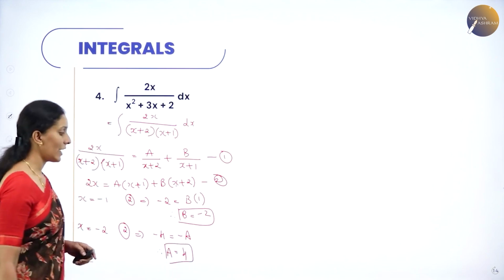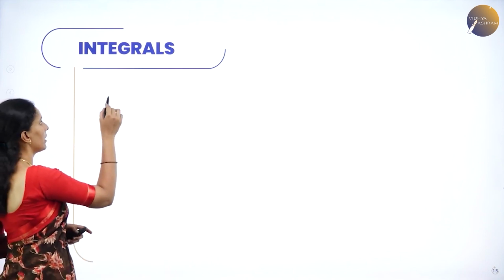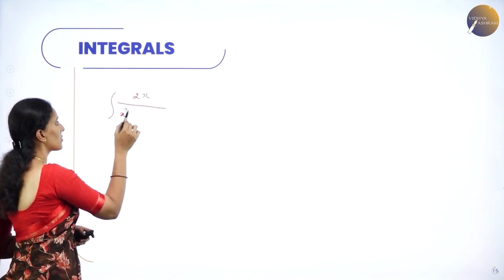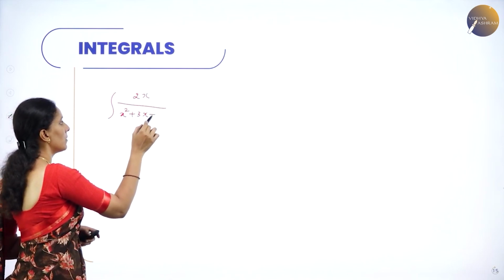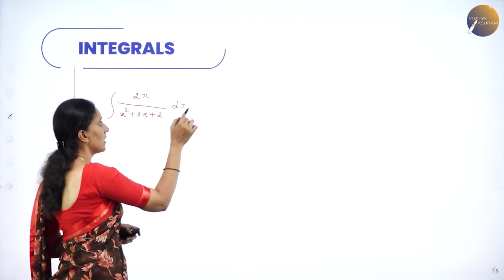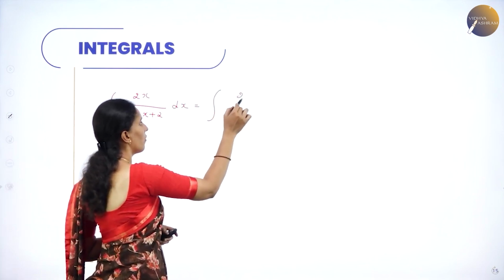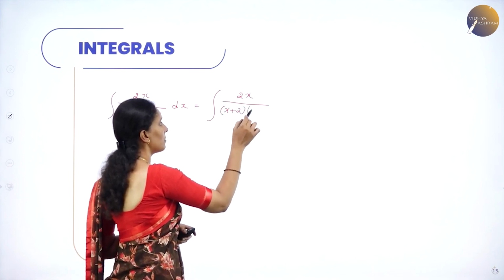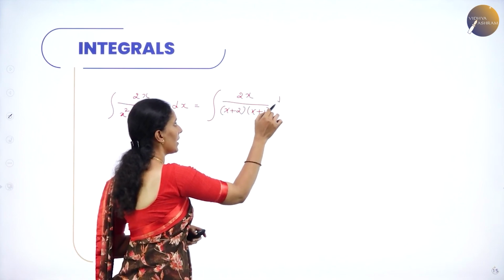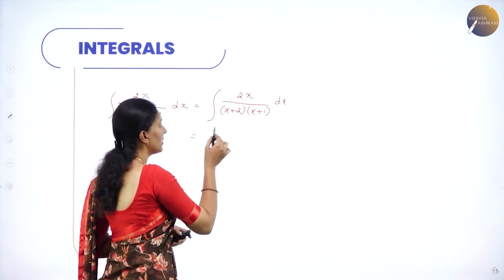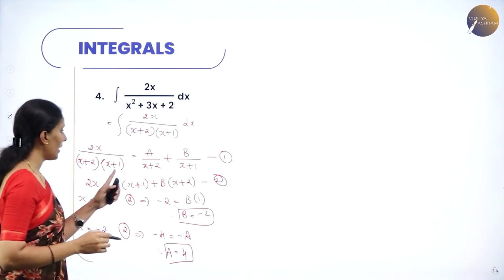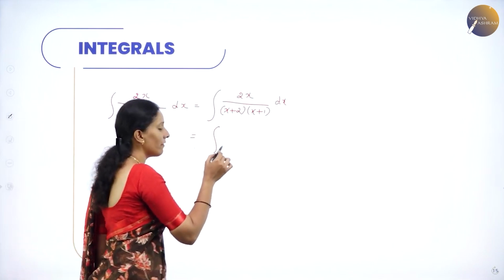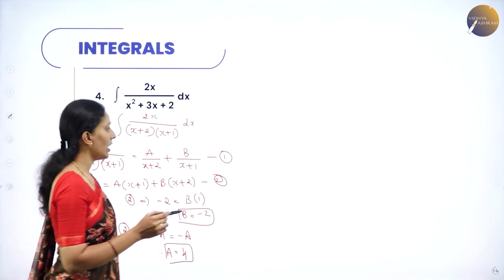Now we have got what is a, what is b. So therefore integral of 2x divided by x square plus 3x plus 2 dx is nothing but integral of 2x divided by (x plus 2)(x plus 1) dx. So we take two separate fractions, that is integral of a divided by x plus 2. What is the value of a? It is 4.